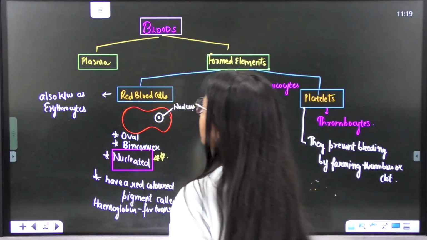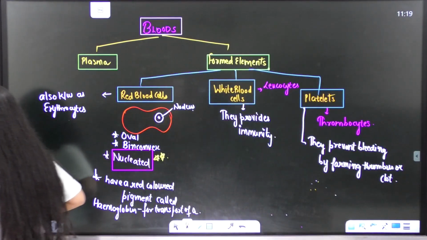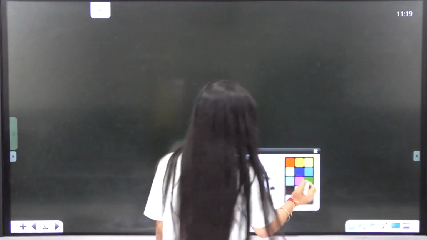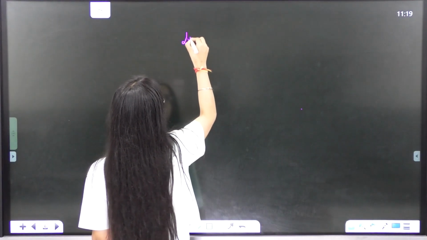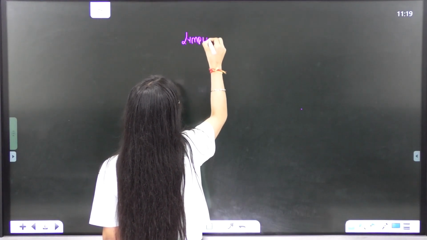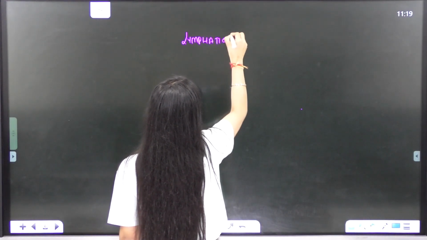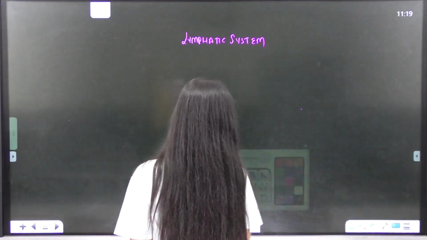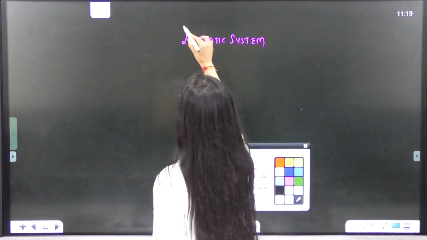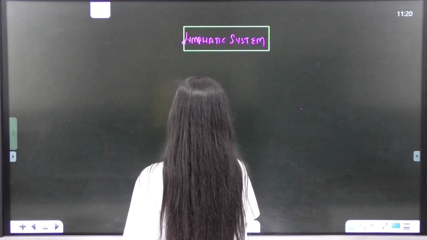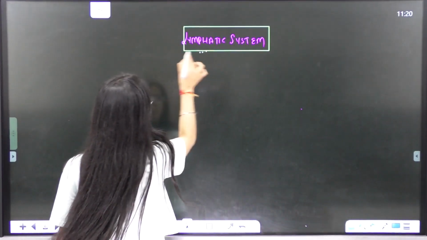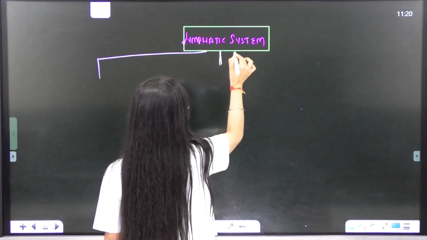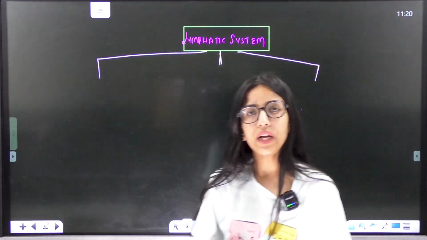Now we will be studying the lymphatic system of frog. So let's talk about the lymphatic system. We have divided the lymphatic system in our last lecture to study in three parts.